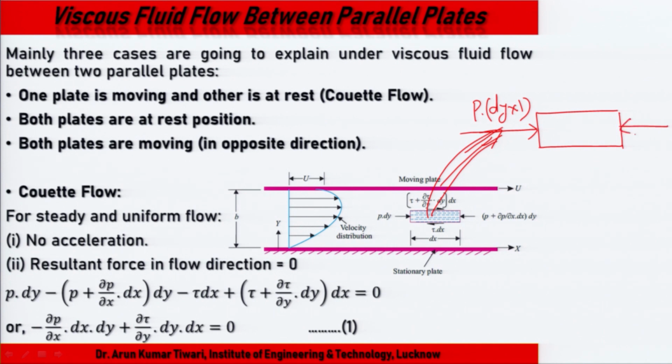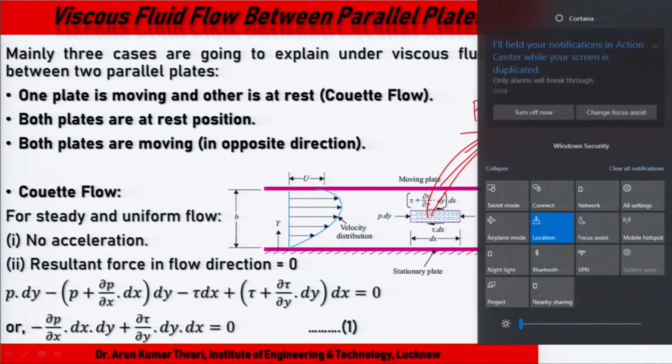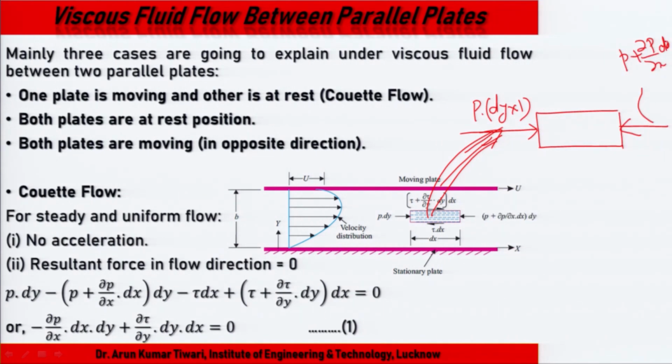And this one again, what is this? P plus del P upon del x into dx. This is pressure into area. What is the area? Simply dy into 1. And what is the shear? The lower shear stress, shear into dx into 1.